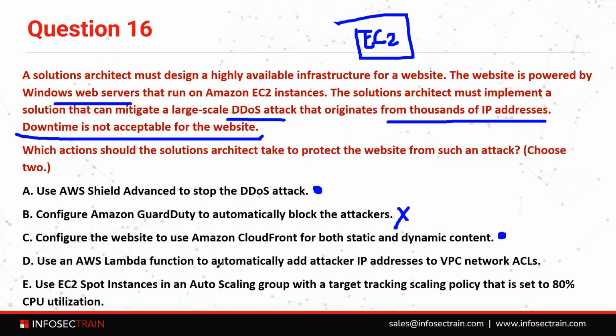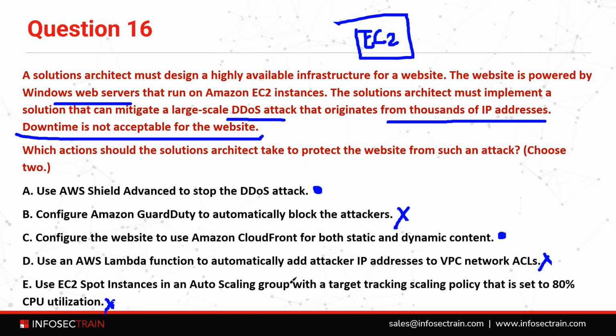Use an AWS Lambda function to automatically add the attacker's IP. This is not something which will help in real time. And use EC2 Spot Instances in an Auto Scaling group with a target tracking scaling policy. It's not going to work, because in the Auto Scaling group, as the traffic keeps coming, it will think we need more resources and increase the servers.